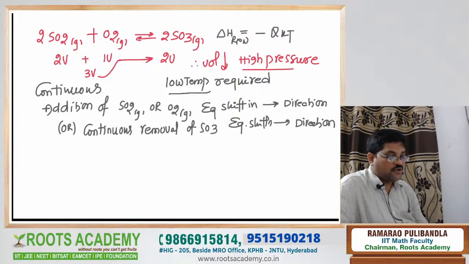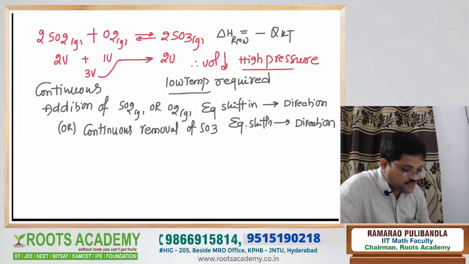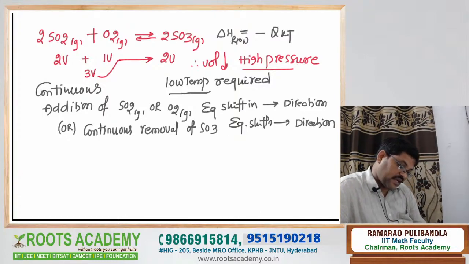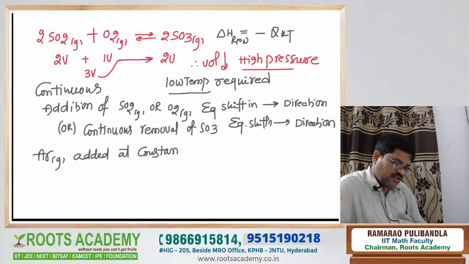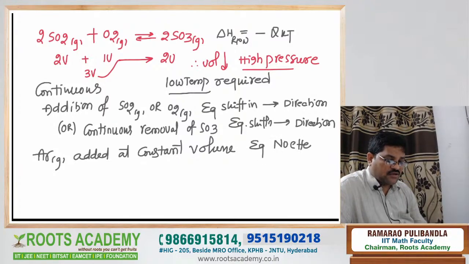Or we can consider adding a noble gas. When a noble gas, say argon gas, is added at constant volume, this point was already said, the equilibrium has no effect.